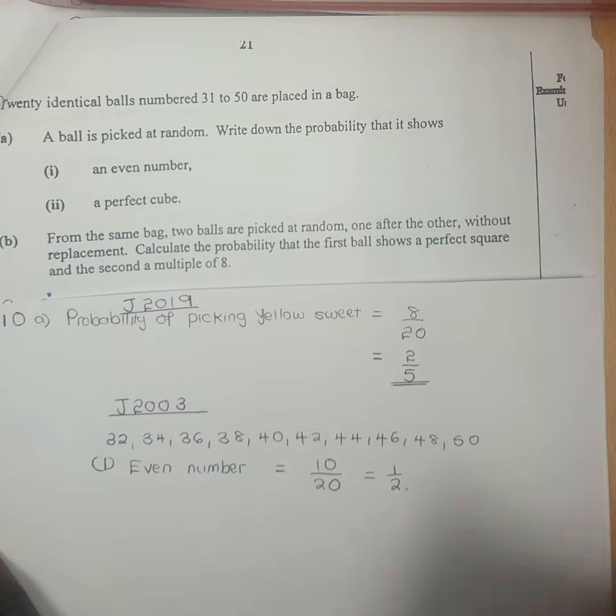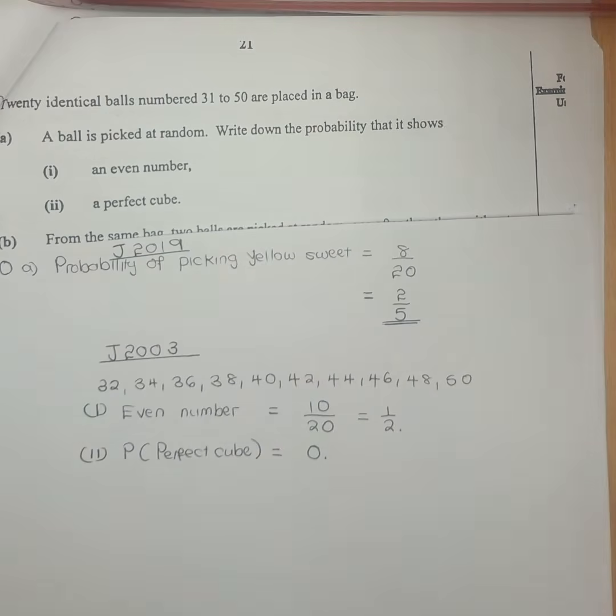In the next question, we want to write the probability that it shows a perfect cube. We don't have a perfect cube between 31 and 50, so the probability is going to be 0. From these two examples, I hope you now understand what theoretical probability is. We can move on to other objectives.